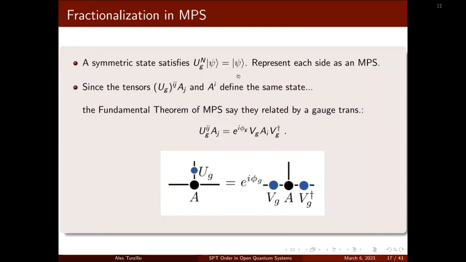One has tensor U_G A and one has the original MPS tensor A. There's a nice result about matrix product states, which says that if we have two tensors representing the same state, they're related by a gauge transformation. And this tells us that this symmetry U fractionalizes on the bond space of the tensor, and that's where these projective representations appear.